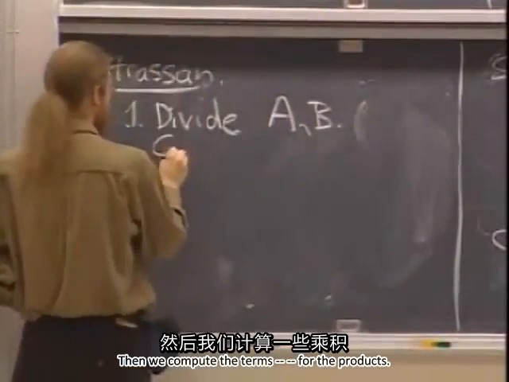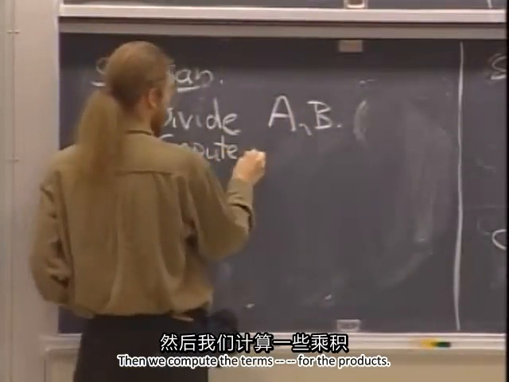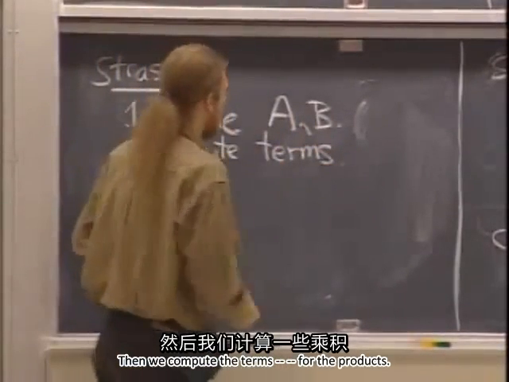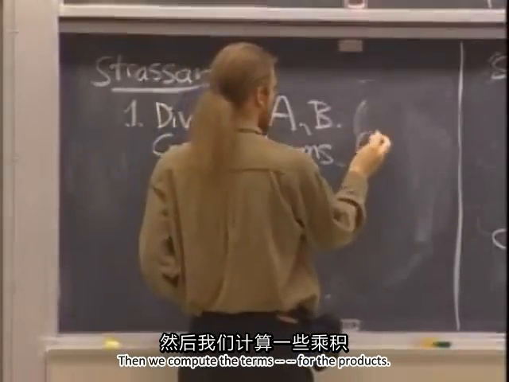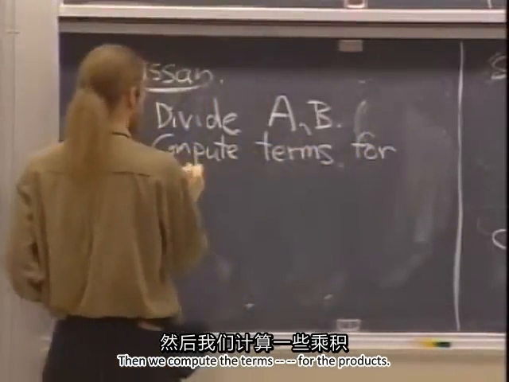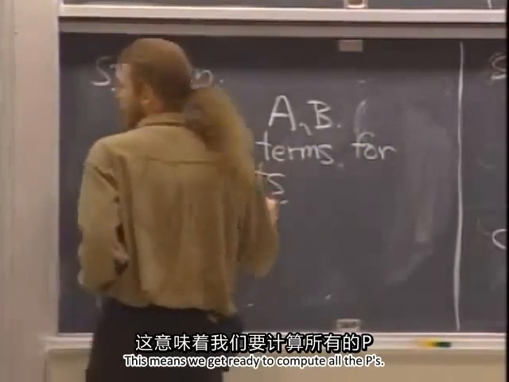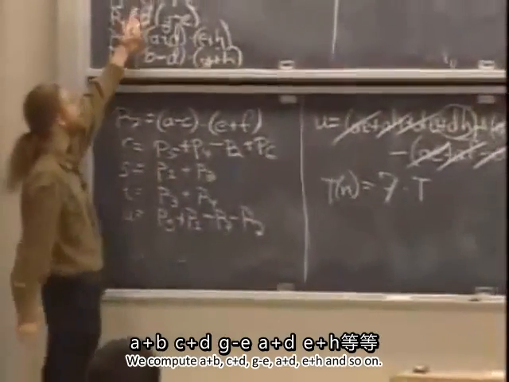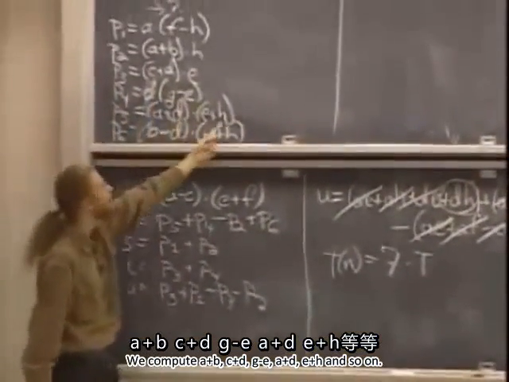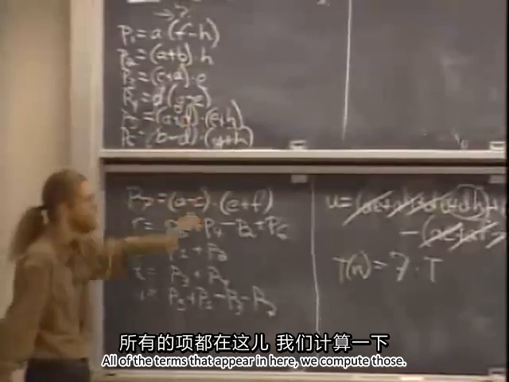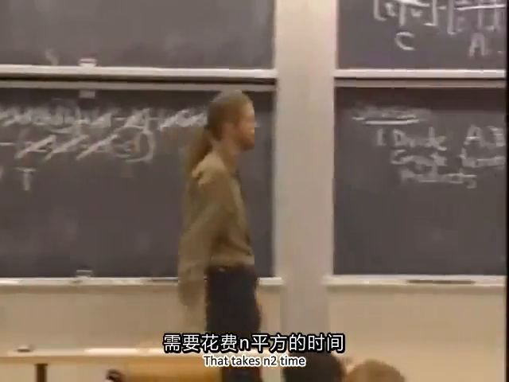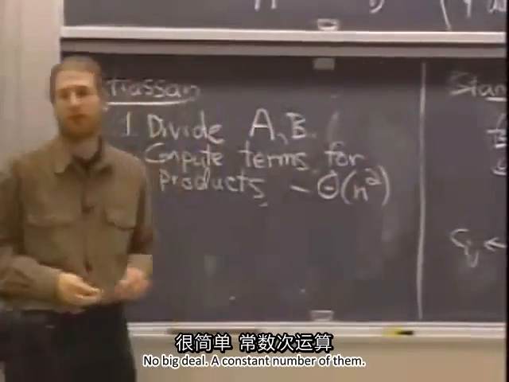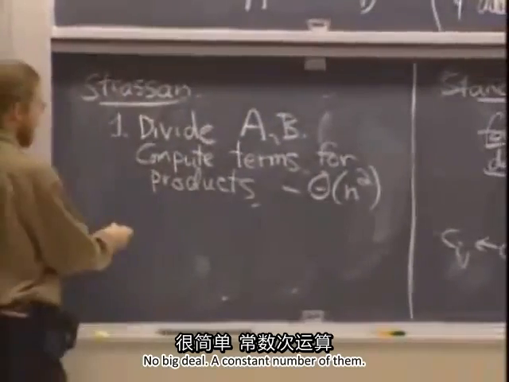Then we compute the terms for the products. So this means we get ready to compute all the P's. We compute A plus B, C plus D, G minus E, A plus D, E plus H, and so on. All of the terms that appear in here, we compute those. That takes n squared time because it's just a bunch of additions and subtractions. No big deal. Constant number of them.